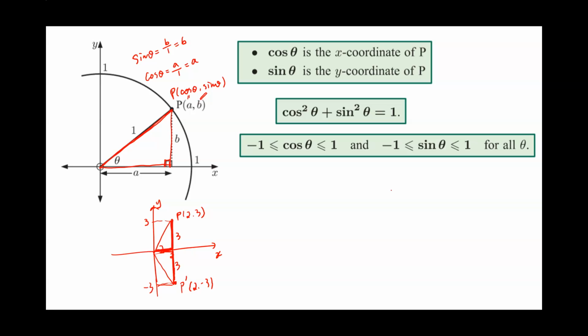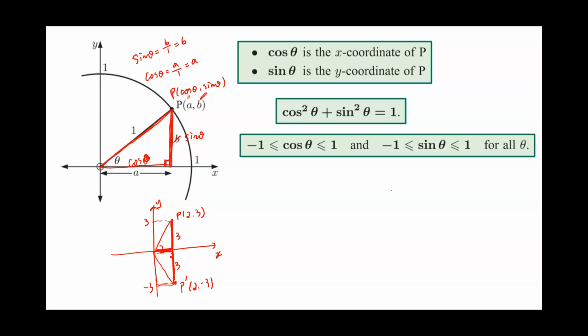Now back to this unit circle graph, you know that b is sin θ. Basically in the unit circle, because the hypotenuse is 1, the length of this represents the value of sin θ, and the length of this represents the value of cos θ.